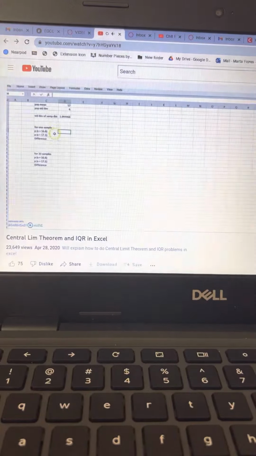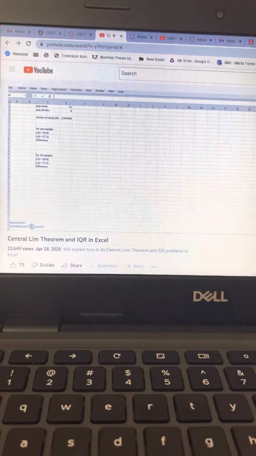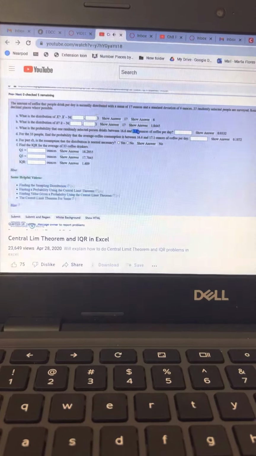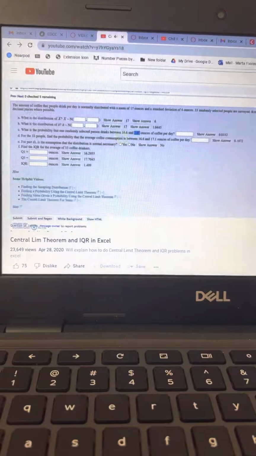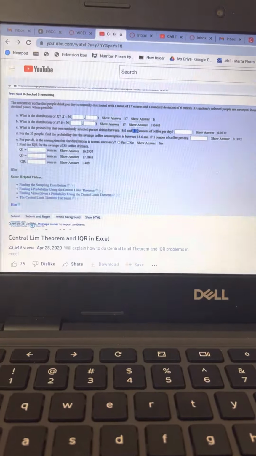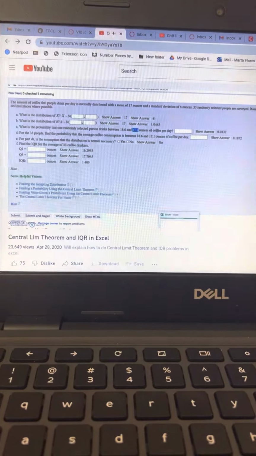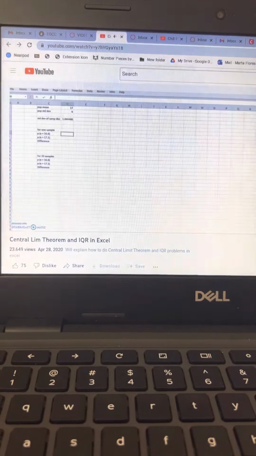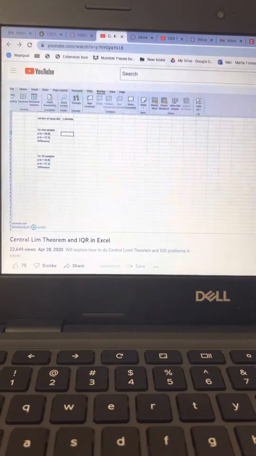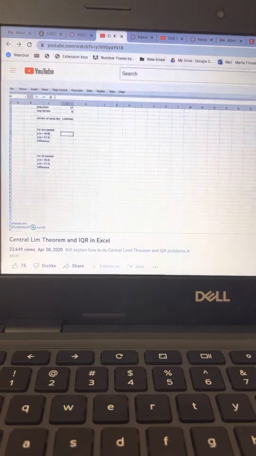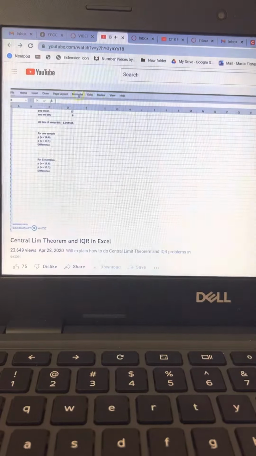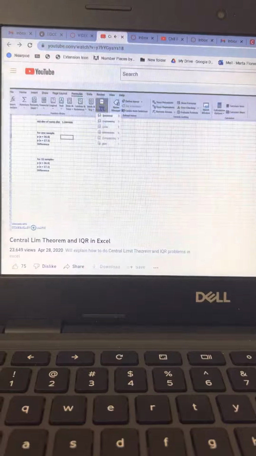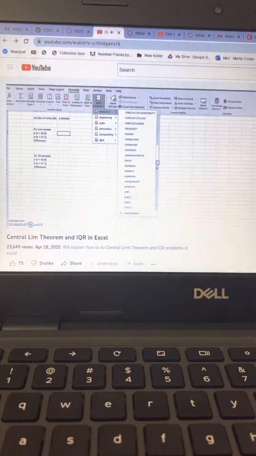To get the probability between 16.6 and 17.1, we find the probability less than 16.6 and the probability less than 17.1, and we subtract one from the other, just like we did last chapter. We used formulas, more functions, statistical, norm.dist.